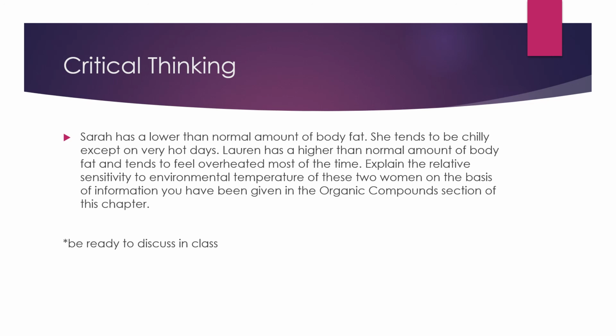Explain the relative sensitivity to the environmental temperature of these 2 women on the basis of the information you've been given in the organic compound section of this chapter. It's really just pointing you to the exact area you need to look at to see how we might be able to explain on a chemical level why these 2 women experience perhaps the same environment differently when it comes to their own personal temperature regulation.